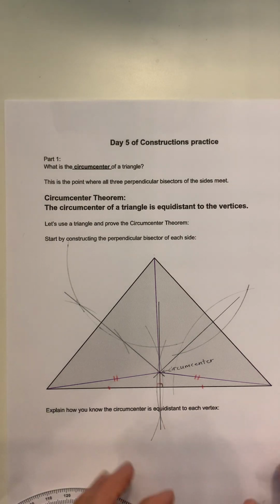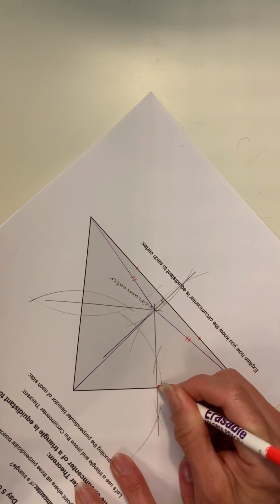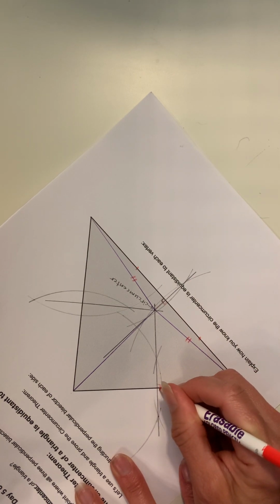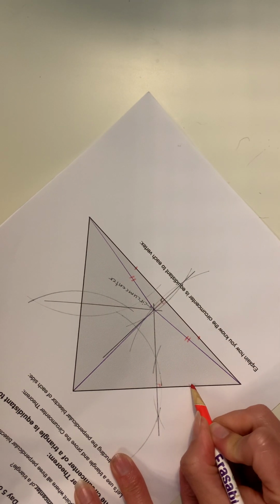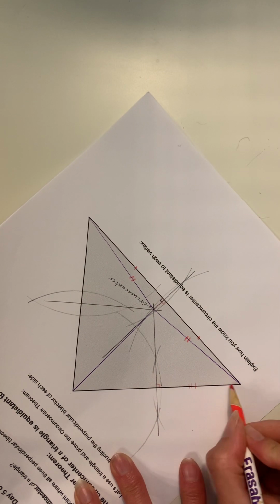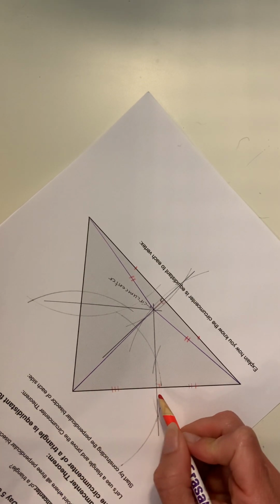Okay, well, if I look at any of the other two triangles, same thing. This is the perpendicular, that is the altitude of my triangle. And also this part of the line segment is equal to this part, because remember that was a perpendicular bisector.